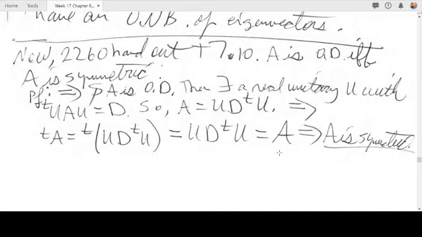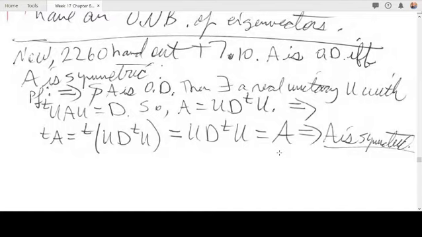All right, so the proof in the forward direction: suppose A is orthogonally diagonalizable. That means that there exists a real unitary orthogonal matrix U with U transpose A U equal to the diagonal D. Remember, for a unitary matrix, the inverse is equal to the transpose.